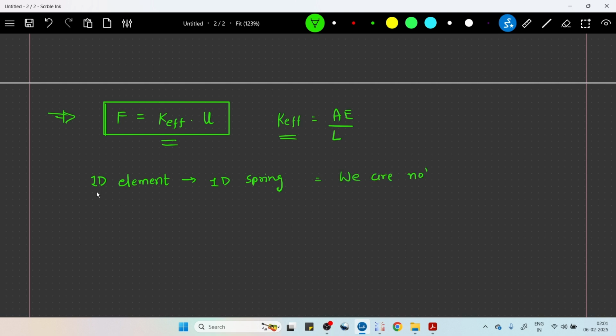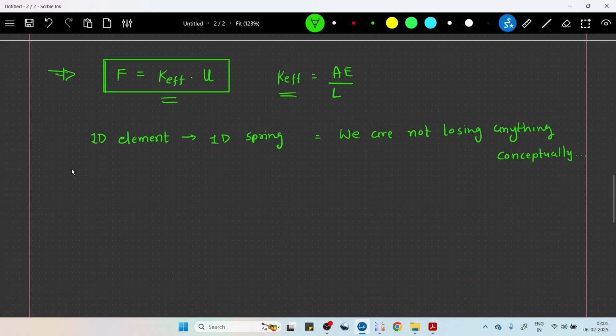We are maintaining the behavior of the structure or element. So we can represent a 1D finite element as a 1D spring, and we just have to find that effective spring constant, or in another term, spring stiffness, or element stiffness.